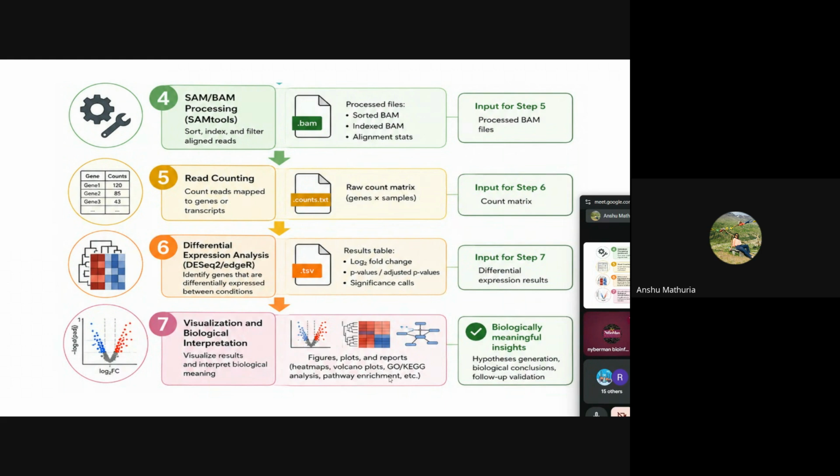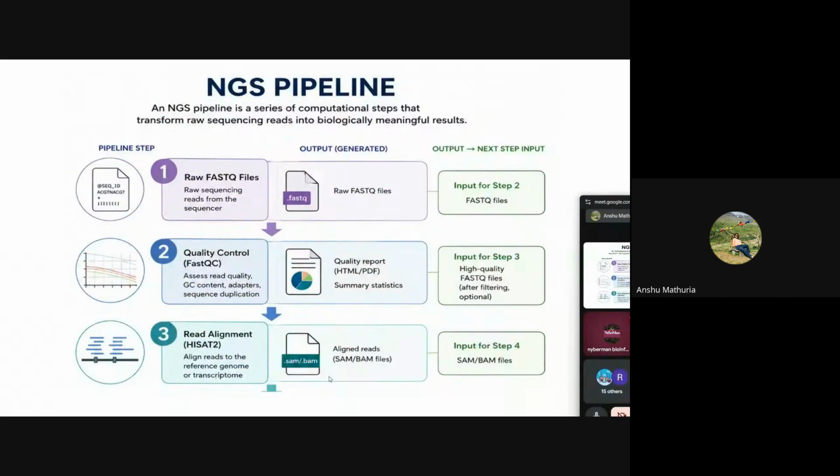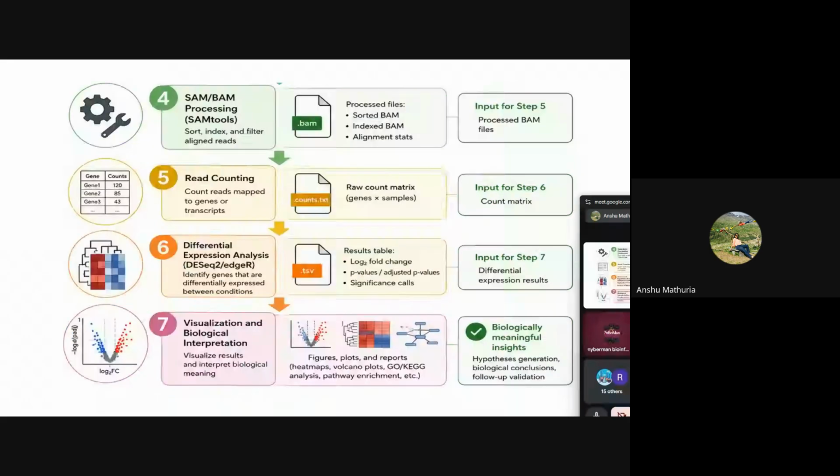Then after that, you try to find the biological meaning by doing enrichment of this biological data or the plots that you have gotten. This is the basic workflow that we are going to follow. We are going to do each and every step individually, understand what is happening, what files are getting generated, and how to interpret them.